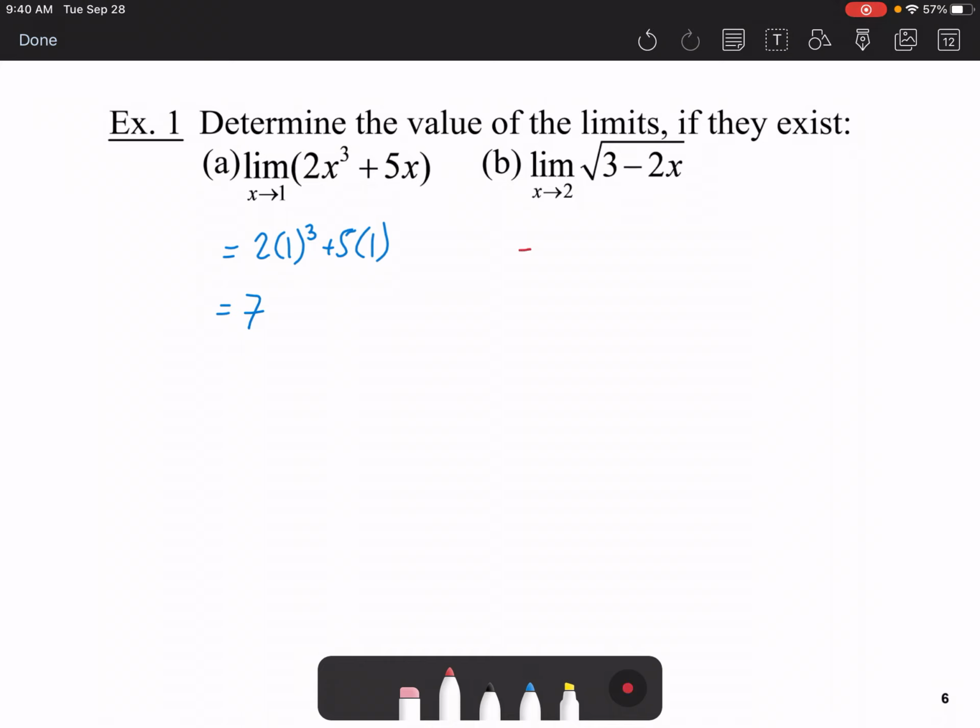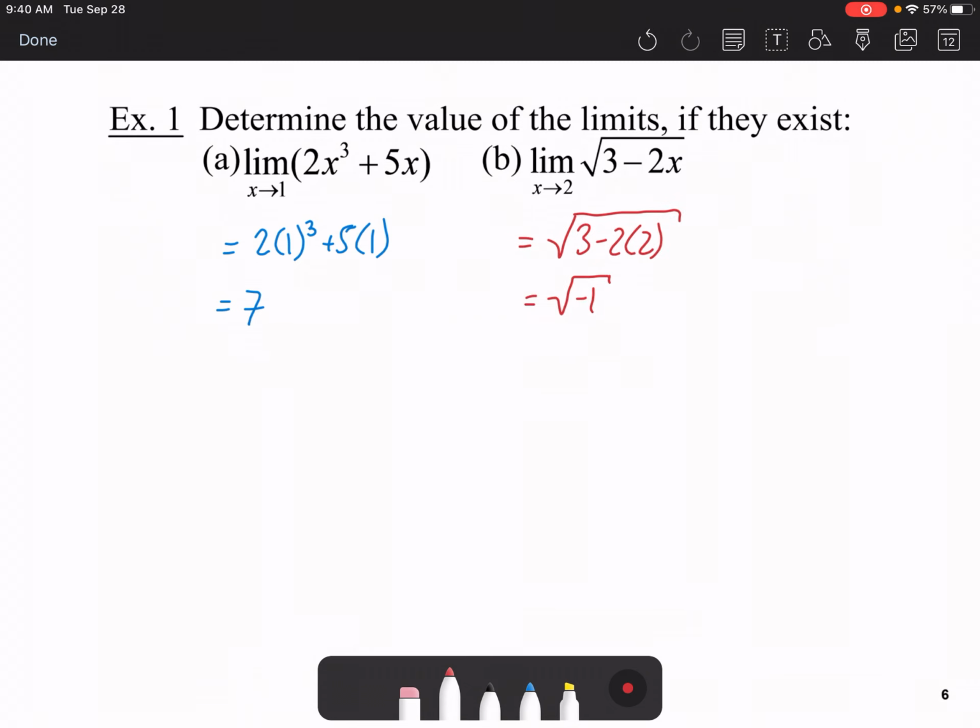Whereas if you substitute 2 into our second equation, so 3 minus 2 times 2, you'll notice we get a square root of -1. As we're dealing with real numbers here, the square root of -1 doesn't actually exist. So since that doesn't exist, this limit does not exist.